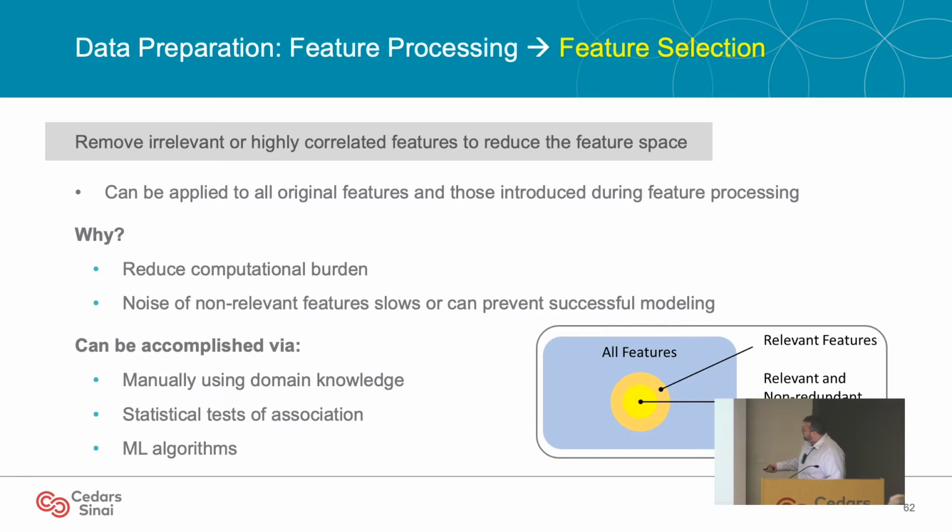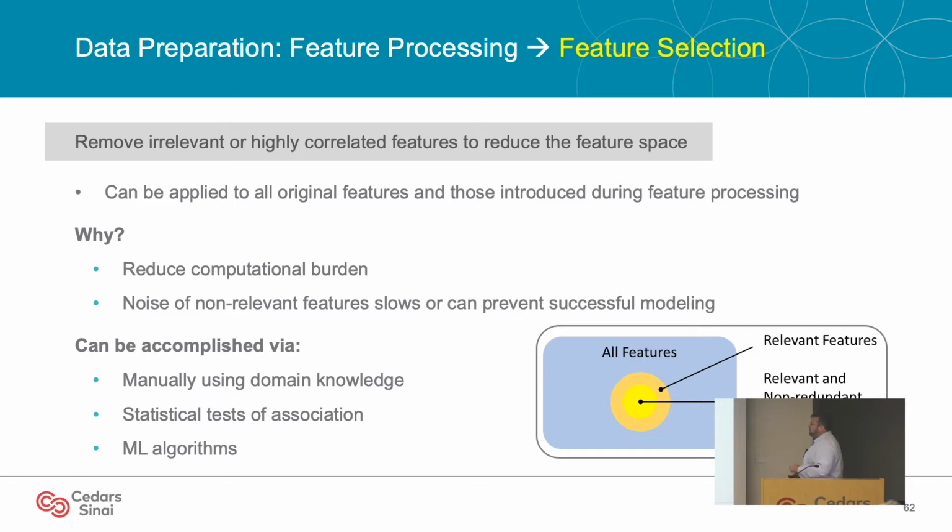And then even within that, you can have features that are relevant and non-redundant, right? Because you can have some features that are highly or perfectly correlated with one another. And typically, the goal of feature selection is to remove both non-informative and highly correlated variables, but it could just be focused on removing uninformative features. We might just keep all of the correlated variables in there.